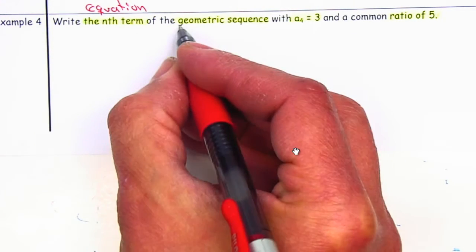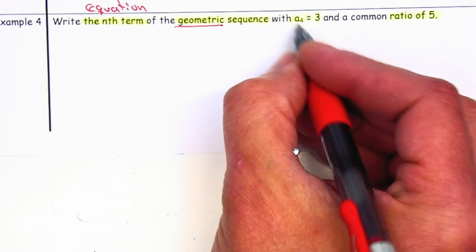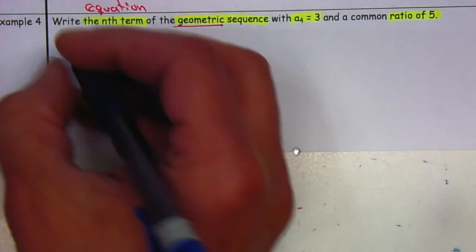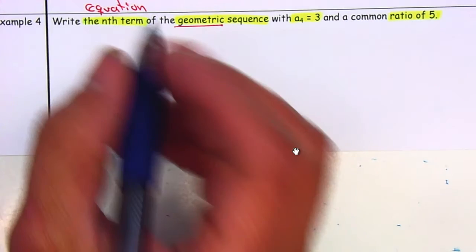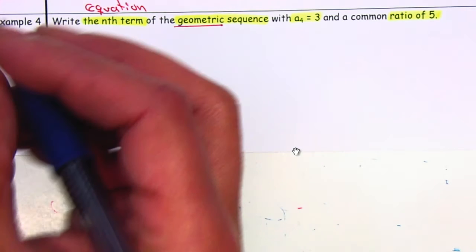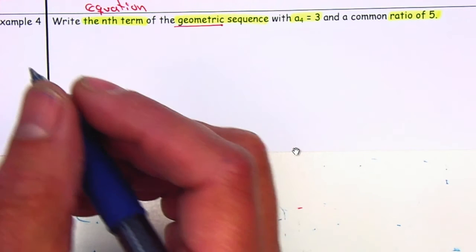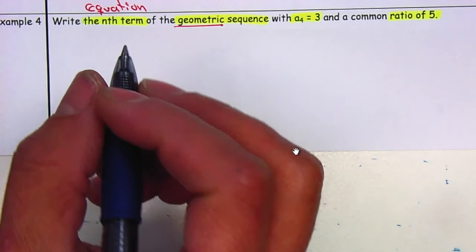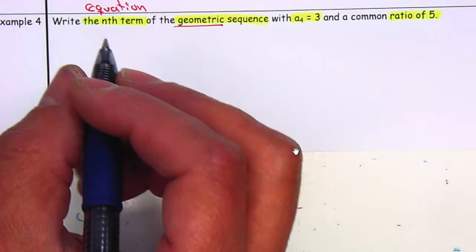It's a geometric sequence. Now they tell you that the fourth term is 3 and the ratio is 5. So let's write down the equation. You have to have memorized the equation by the time the test comes. So you want to be able to write it down without looking at it and see if you can compare it and see if you wrote it correctly or fix what errors you made.